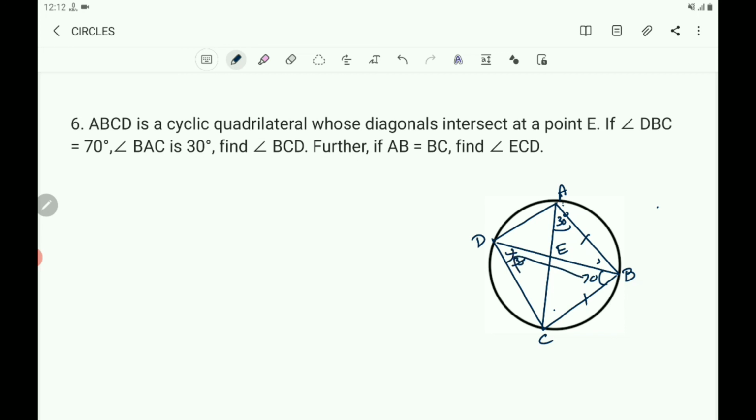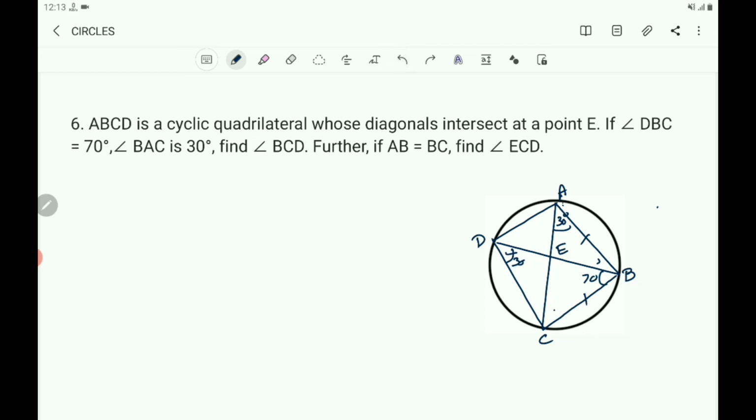And if you consider a triangle BCD, you will get angle BCD is equal to 180 minus sum of these two angles, that is 180 minus 30 plus 70, 180 minus 100, you will get this is 80 degree. Next, try to get this angle, because you know that this is an isosceles triangle as AB is equal to BC. So as this is 30 degree, this is also 30 degree. In this way you can get the required angle.